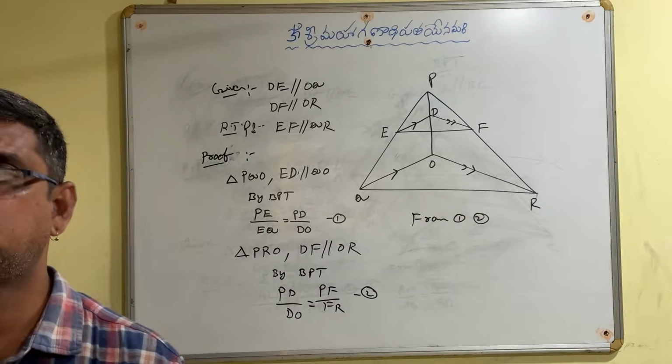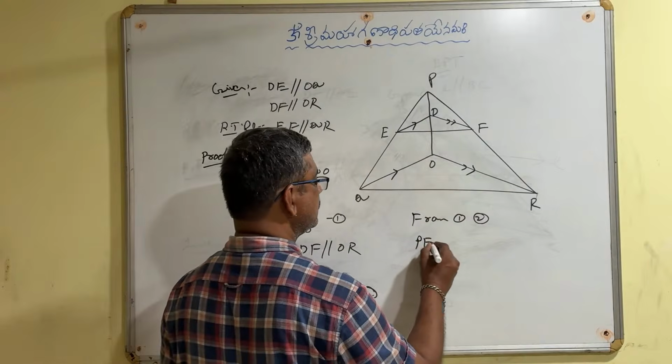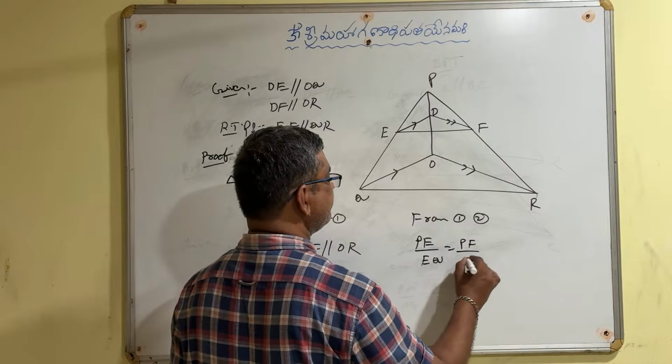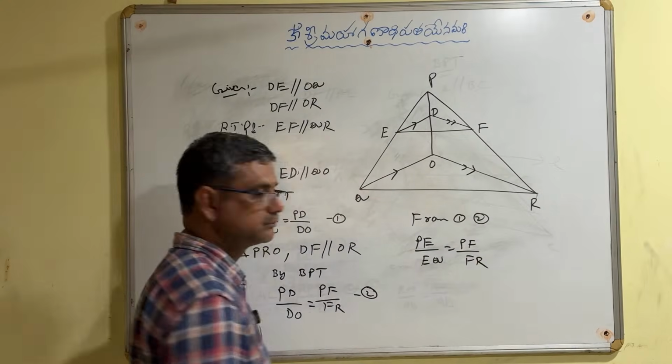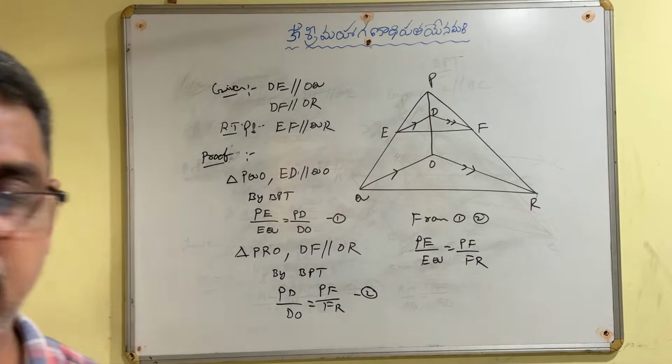From 1 and 2, PE by EQ is equal to PF by FR. Is that right?